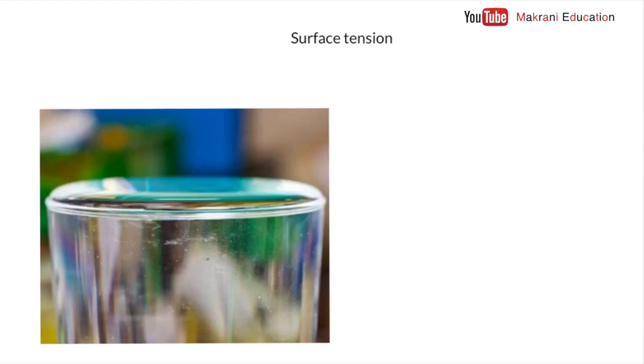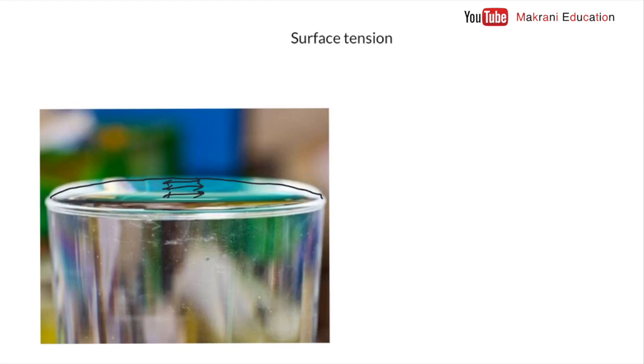So our next quantity is surface tension. Surface tension is a very simple quantity to understand. As we know, when water is filled more than its limit, the upper layer of water always gets stretched. This stretching force is tensile in nature, right?